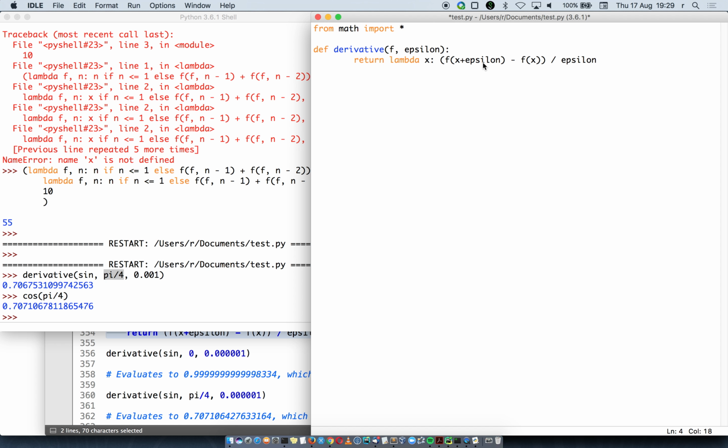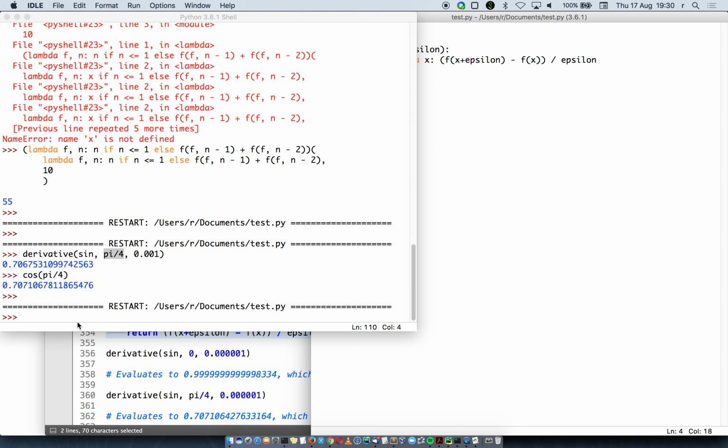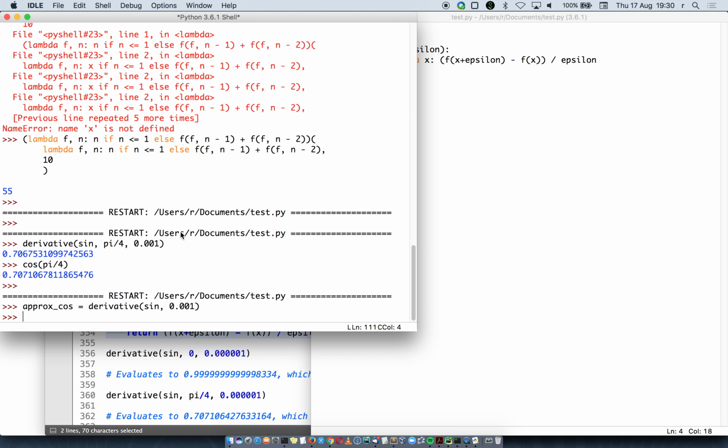How about this? I don't know what f is, but this is a function now. So if I evaluate this, now I'm going to say approximation of cos is this.